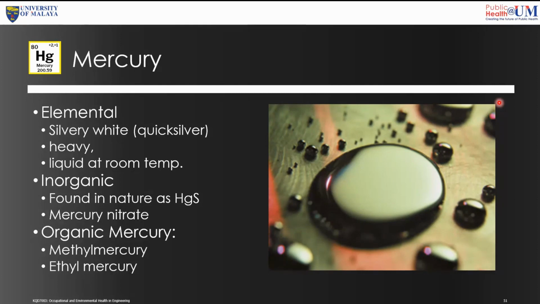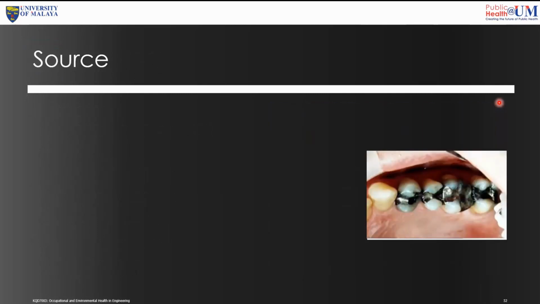Most of the time they use elemental mercury and mix it together. Of course, mercury is also found in your teeth, correct?